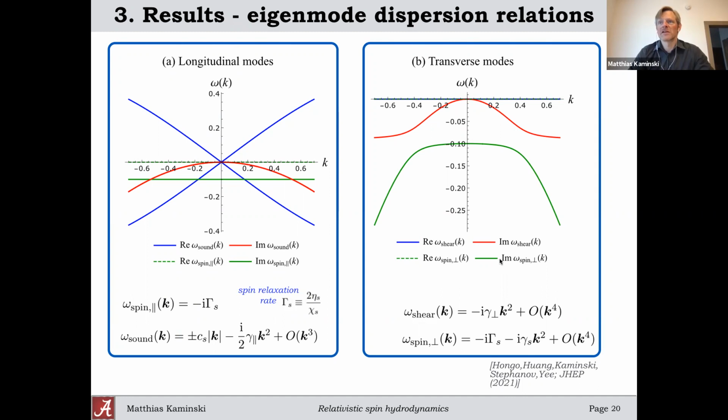The spin gap is governed by this gamma s, the spin relaxation rate, and that gamma s is related to the spin susceptibility chi s and the rotational viscosity eta s. So it is gapped, and thereby it's non-hydrodynamic, but among the fast modes, it is the slowest.